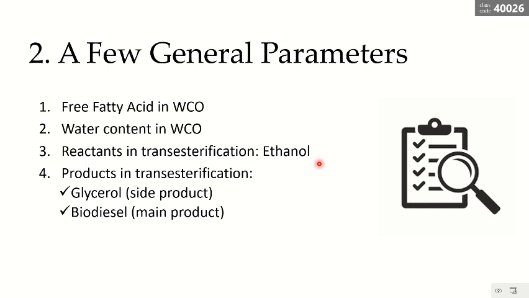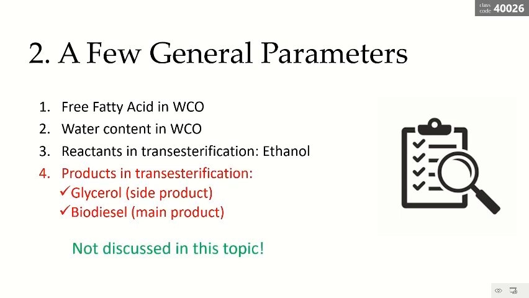The last point: the products of this transesterification reaction are two. Still remember, one is glycerol, which we call a side product or byproduct. They have the same meaning. Basically, it is something generated, but not what we really target. The other one is the main product, which is what we want. That is called biodiesel, which we also know as the fatty acid esters.